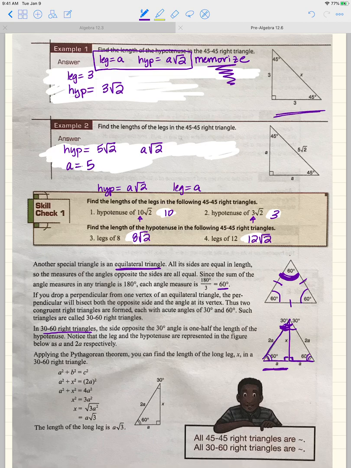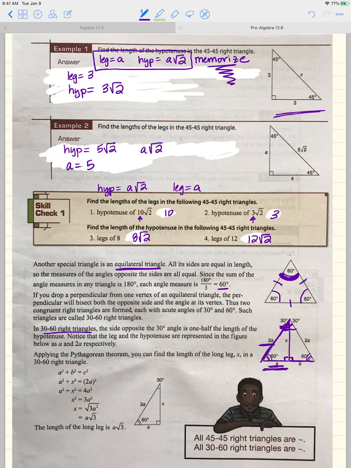So here is my hypotenuse. So the side opposite the 30-degree angle is half of the hypotenuse. So this side is A, this side is 2A, because A is 1/2 of 2A.